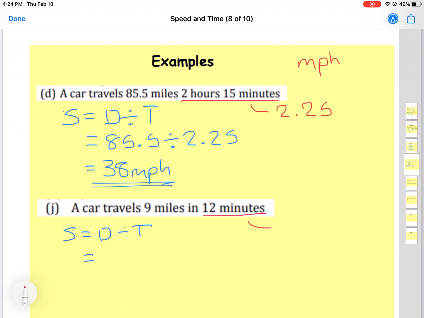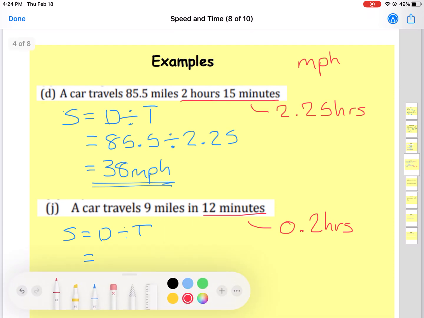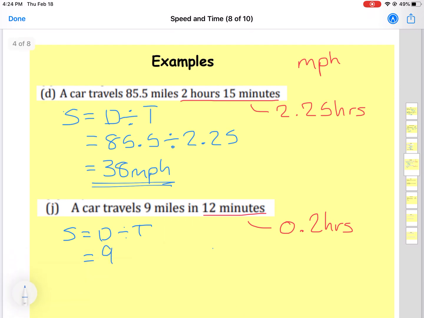That's why I want to change this into 0.2 hours. Okay, so that's the reason. That means I'm getting then my speed in miles per hour rather than miles per minute. So distance is 9, the new time is 0.2. 9 divided by 0.2 gives me 45 miles per hour.